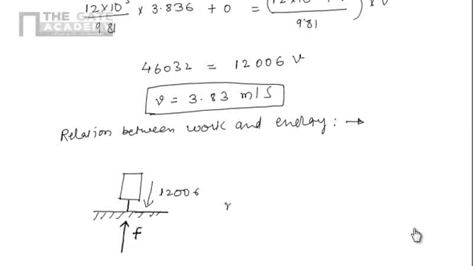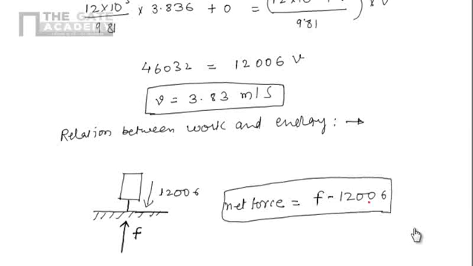So the net force will be F, upward so positive, minus 12006. So the net force is F minus 12006, acting vertically upward.